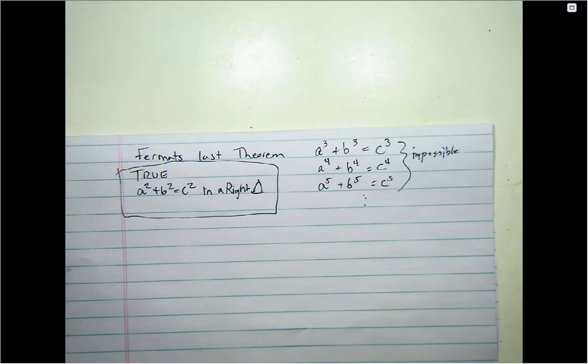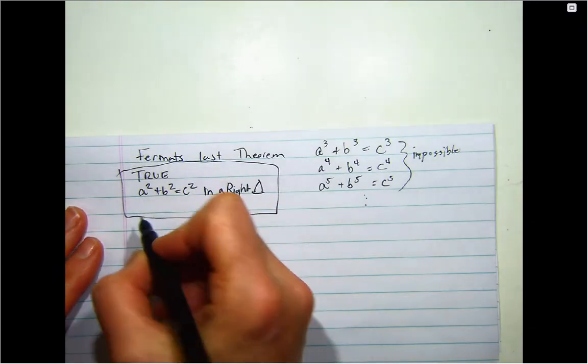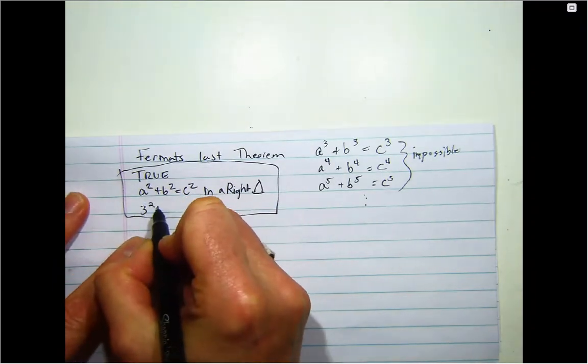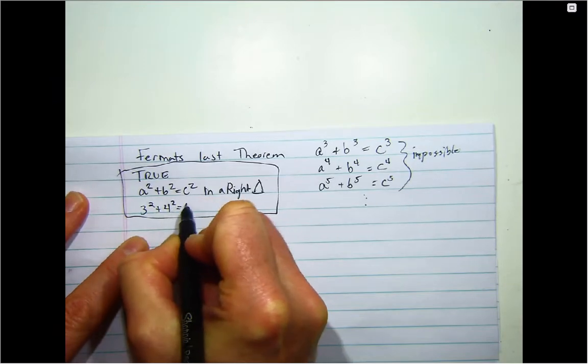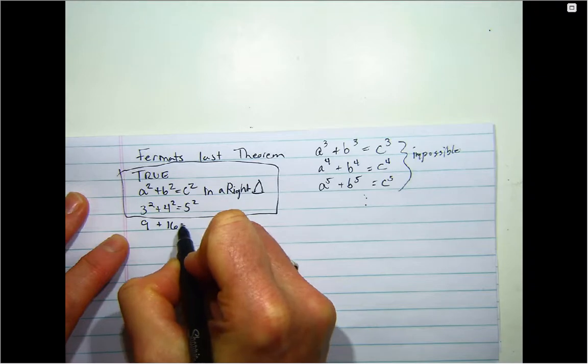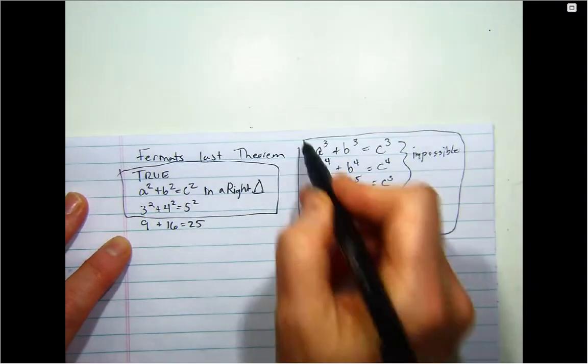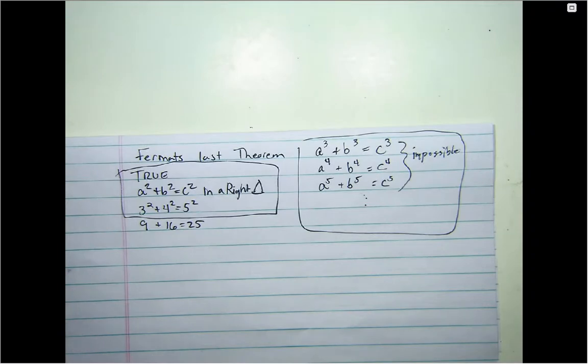So what he's saying is that there are lots of numbers that make a squared plus b squared equals c squared, for example, 3 squared plus 4 squared equals 5 squared, because that's 9 plus 16 equals 25. But for cubes, these are impossible. There are no numbers like 3, 4, and 5 that make those true. It's just impossible.